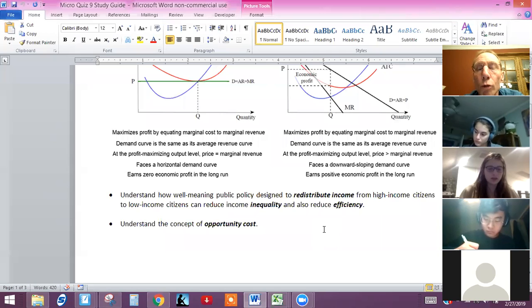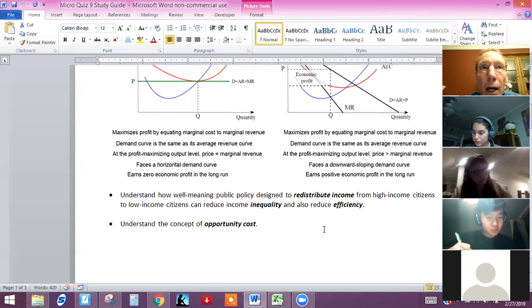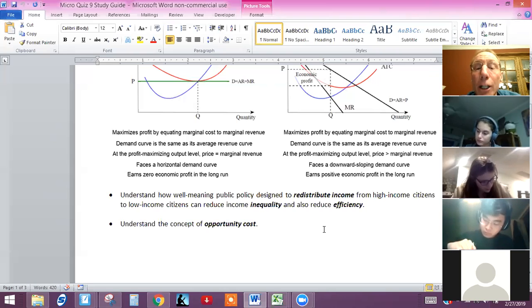Now, what's really going on is people with high incomes are being taxed, and then that money, not all of it, but some of it, is used to support people who make very, very low incomes. So we call that redistribution of income. That is to make society more equal, that's to reduce income inequality.